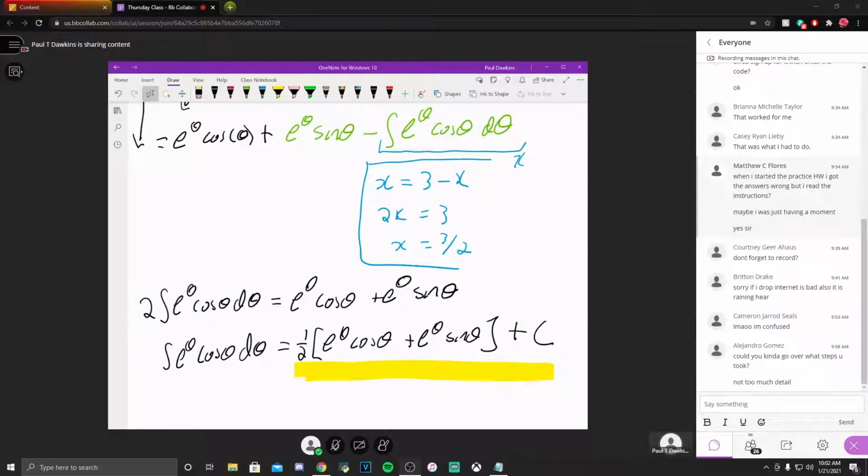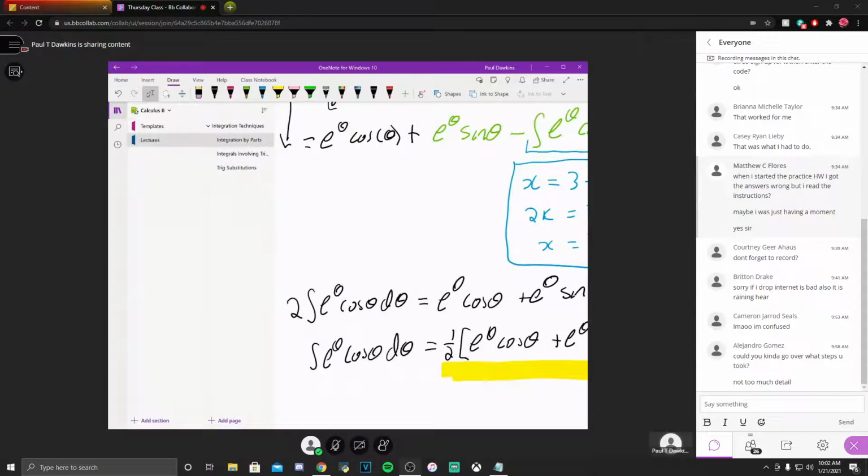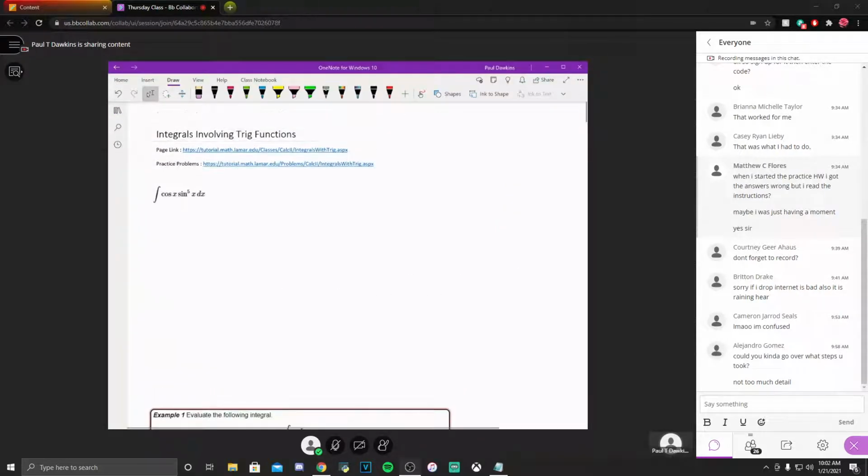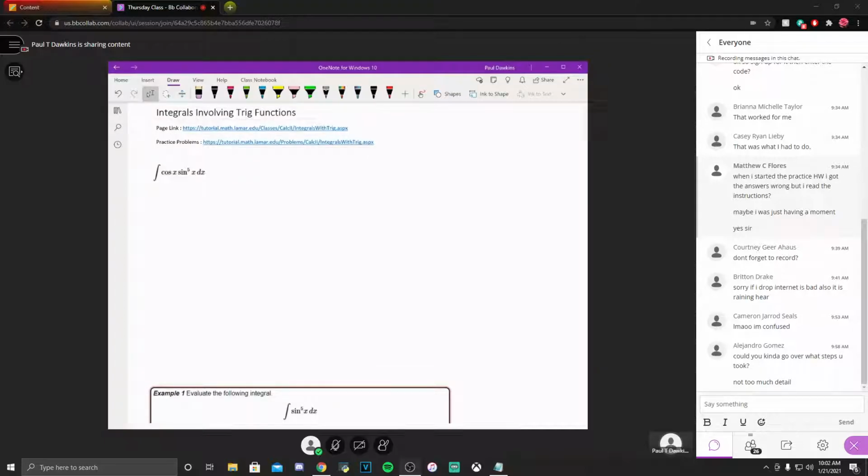All right, so unfortunately now we need to move on to the next section here: integrals involving trig functions. I guess the thing I want to say about this section, folks, and I always want to be careful about how I say this, is that this is Calc 1, literally Calc 1.